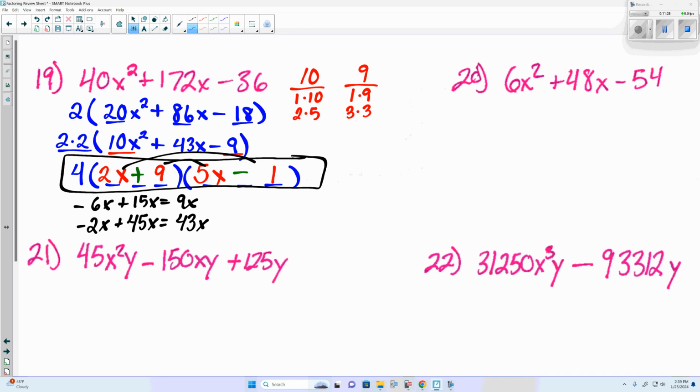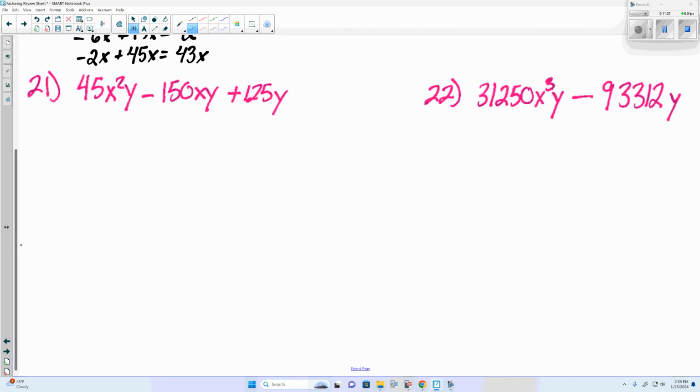31,250x cubed y minus 93,312y. Is there a greatest common factor? Yes, because they both have y.